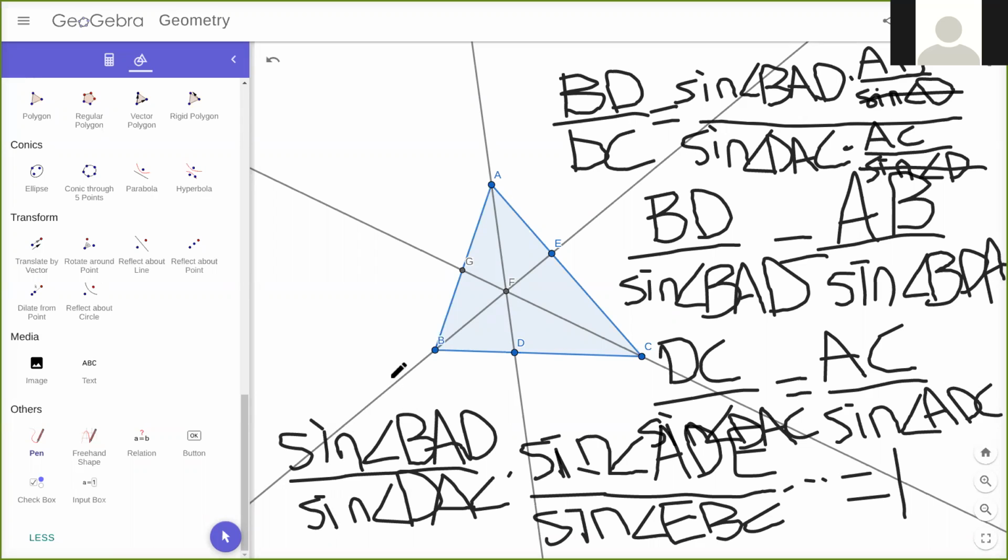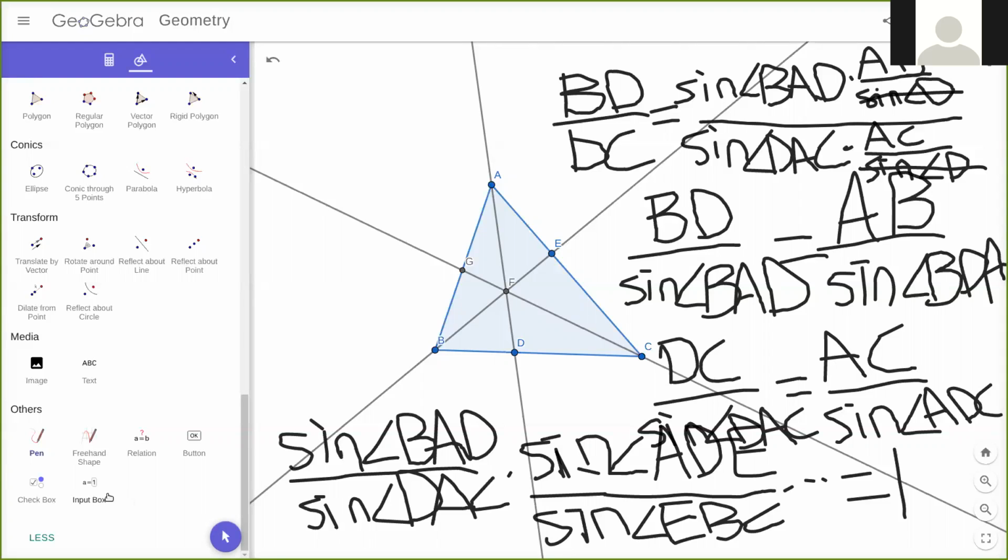If we look back at why we made the trigonometric form of Ceva's theorem, it's because for the altitudes, to show that they are concurrent, we wanted to work with angles, not lengths, because lengths get messy. We have to use the Pythagorean theorem and all that.